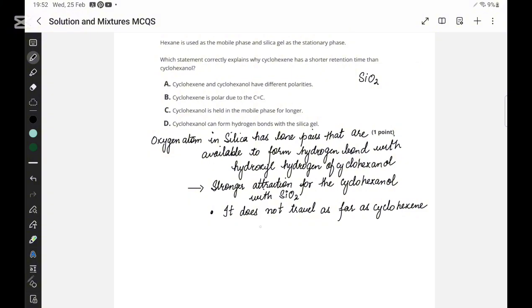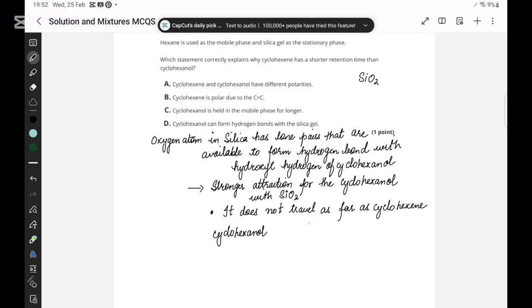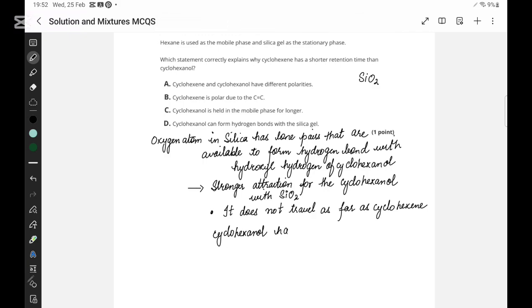Cyclohexanol has a longer retention time and cyclohexene has a shorter retention time. So option D is going to be correct, that cyclohexanol can form hydrogen bonds with the silica gel.